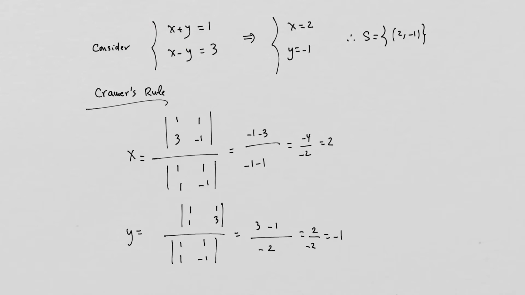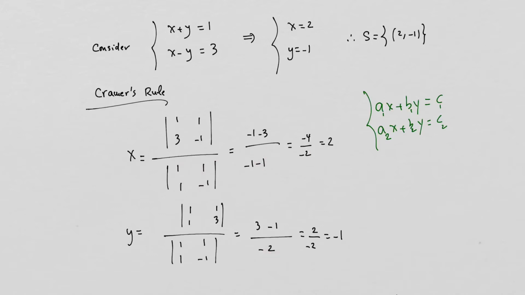Having written both equations in this standard form, let's call that A1, B1, C1, and A2, B2, C2. Once you write it in this form, then A1, B1, A2, B2 is what shows up in the denominators. So you have 1, 1, 1, negative 1, here they are. And the determinant of the denominator is just negative 1 minus 1, which is negative 2.